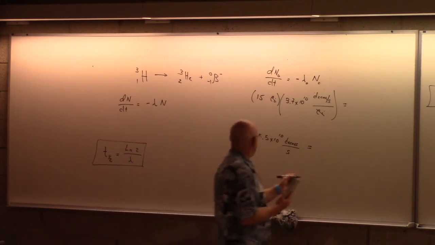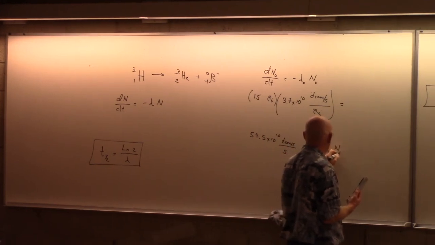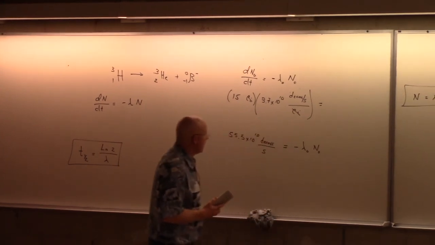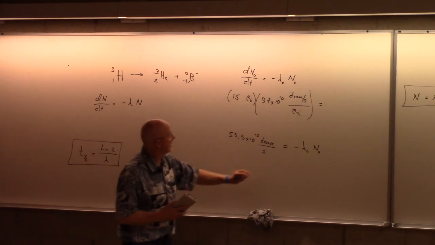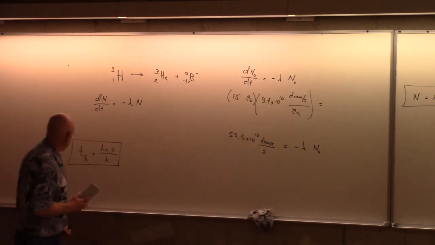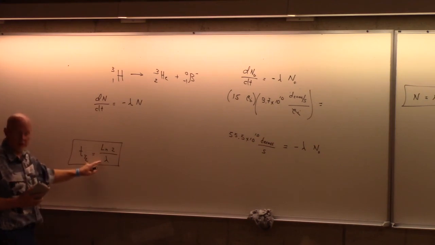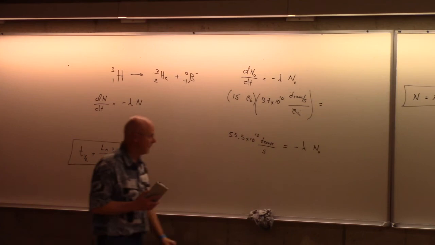And then we've got this minus N naught here, because now we can play this same game. Remember, lambda is the decay constant, but we can write it in terms of half-life.